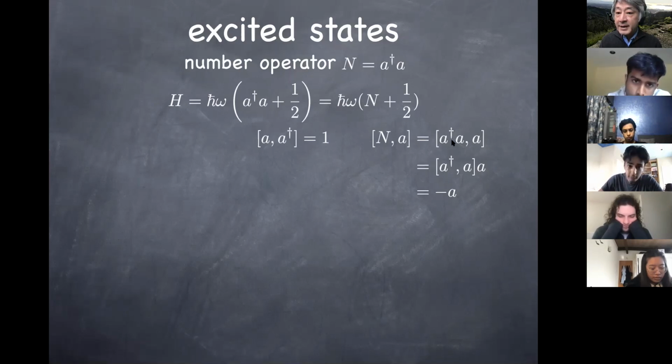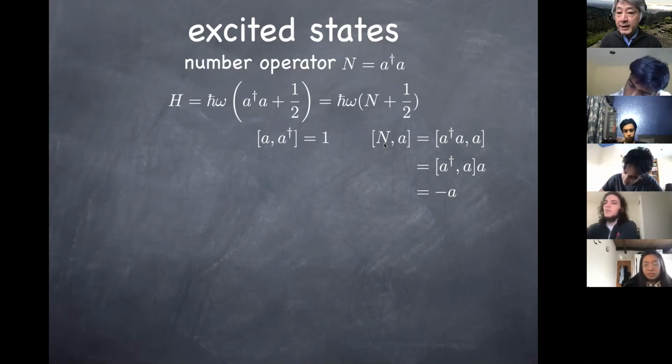And then I have this A dagger left inside the commutator. The [A dagger, A] commutator is the negative of the [A, A dagger] commutator. So that's -1. And I have A on the right-hand side of this commutator that's still there. So that's how we can derive [N, A] commutator to be -A.